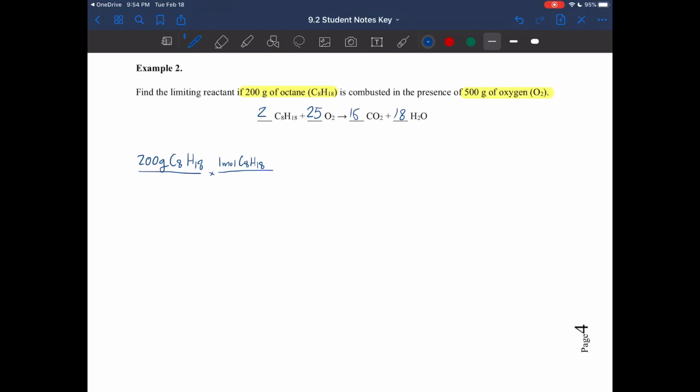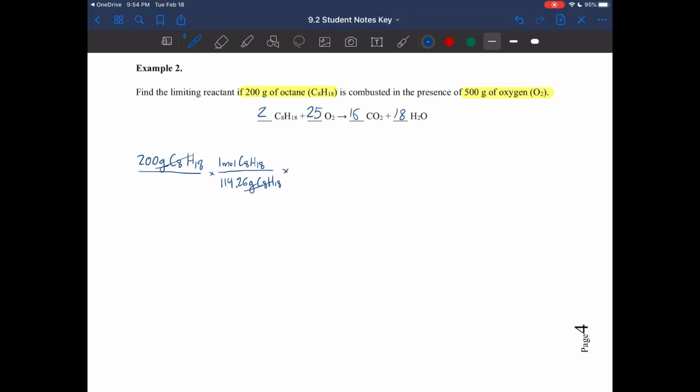One sec. So 12.01 times 8 plus 1.01 times 18 is what I did to get a molar mass of 114.26 grams of C8H18 for every mole of C8H18. Not done yet though.